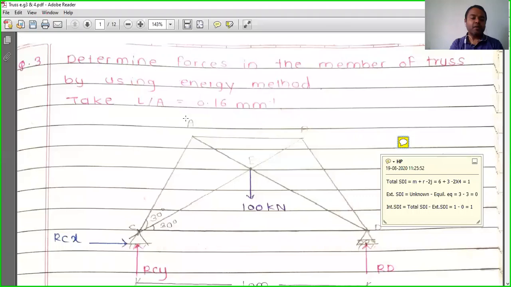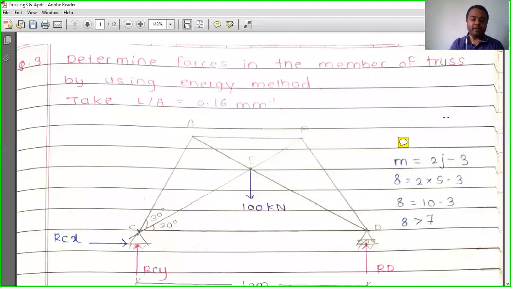You can remove this AB member, or you can remove this CD member. By removing AB or CD member, you can make the given structure a determinate structure. Remember, you have to remove only a single member. Why? Because internal SDI is equal to 1. By removing a single member, the given structure will be determinate.